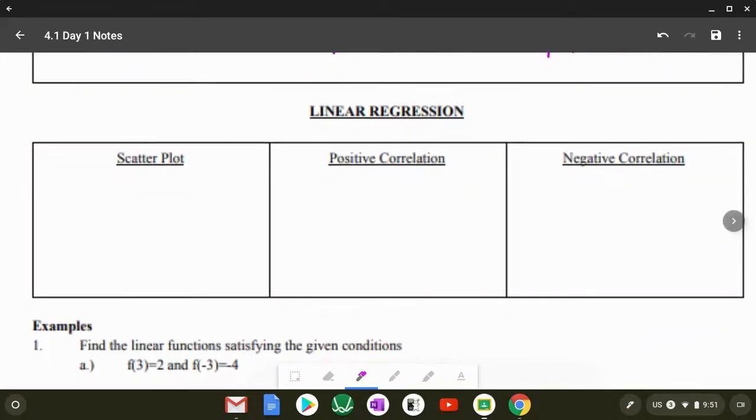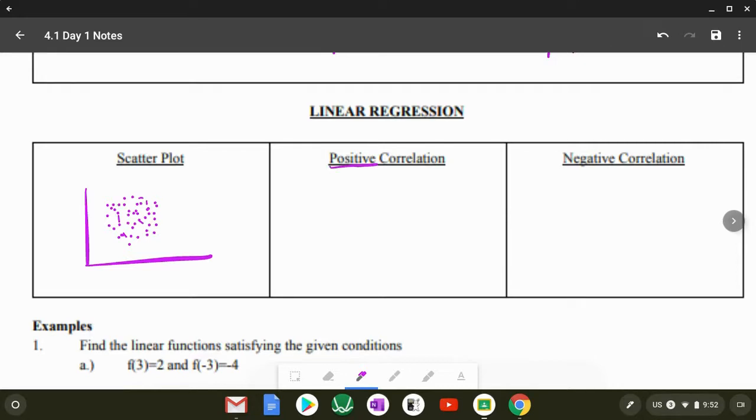Couple things about linear regression. If we're talking about a linear function, we're going to notice in a problem later in these notes and on some of the homework that if you look at a bunch of data points, you can get all these data points that have these outputs. Okay, so a scatter plot are a bunch of data points from an experiment or a study that may have a correlation.